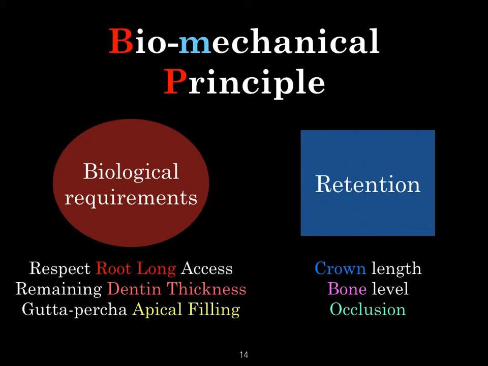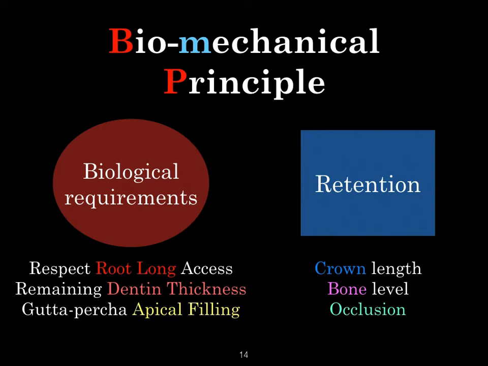And as I mentioned earlier, the apical third is usually left with the root canal filling, and it's a practice that's been there, and it's mainly for feasibility. It's very rare that someone actually takes the post to the apex.